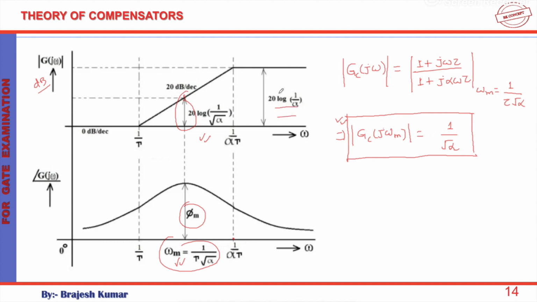And you know from the rule that this will be basically constant afterwards. This is basically an approximated curve. If you look at the real curve, it will be somewhat smooth here, right? And somewhat smooth here. Okay, and this maximum error, you know, is 3 dB. Clear?